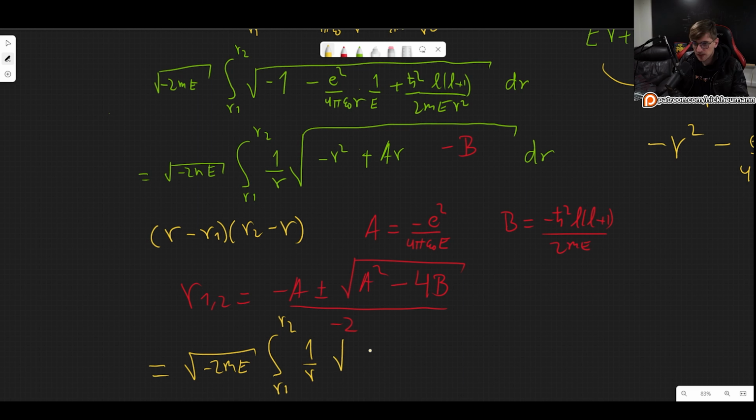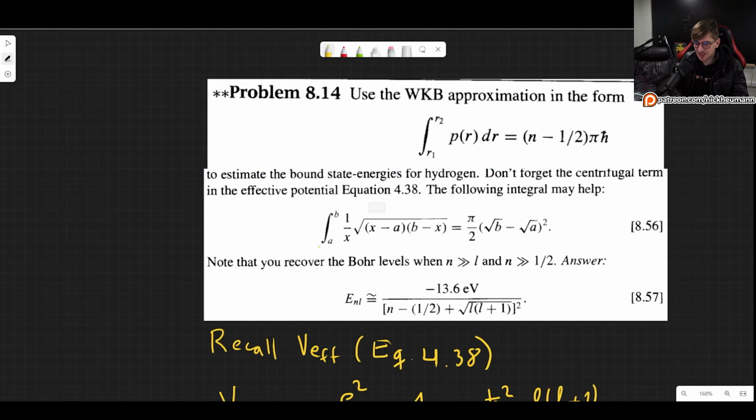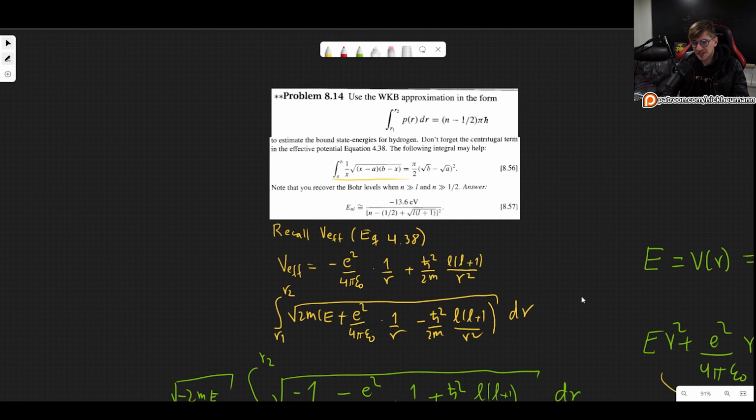So square root of R minus R1, R2 minus R dr. Okay, so using this notation, we will see that we now have precisely what is here, so we don't need to worry about solving this integral. We already have the result.